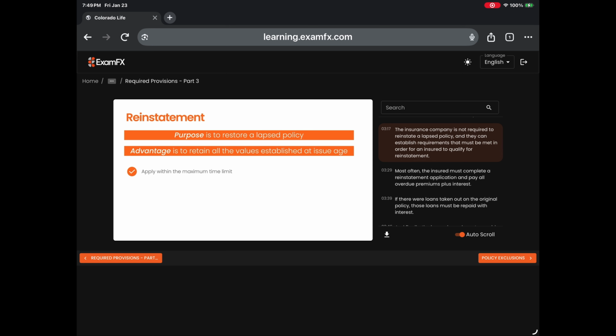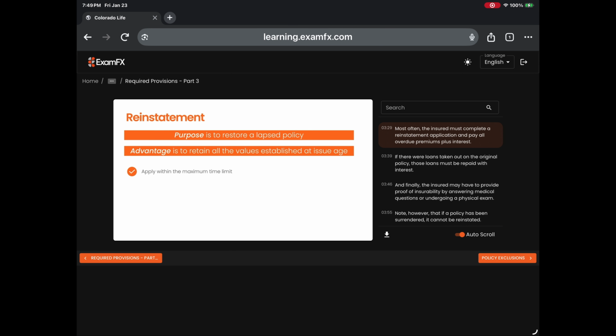The insurance company is not required to reinstate a lapsed policy, and they can establish requirements that must be met in order for an insured to qualify for reinstatement. Most often, the insured must complete a reinstatement application and pay all overdue premiums plus interest.